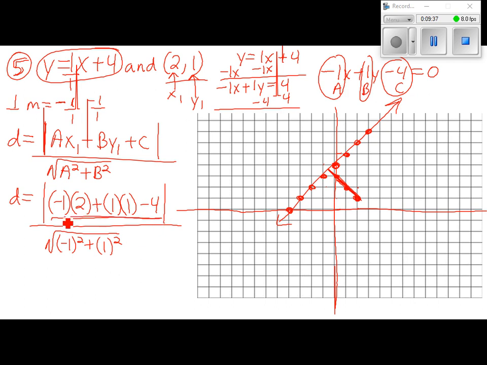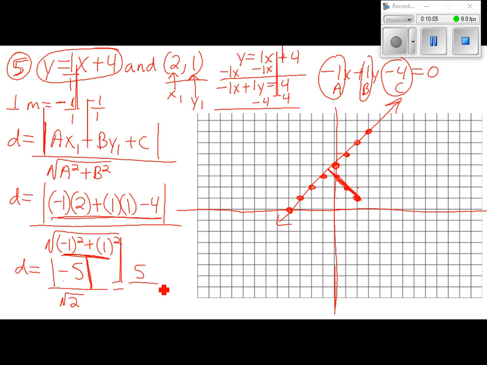Plug all of this into your calculator, and when I plugged it all in, I still had the absolute value, and I came up with negative 5 on the top. On the bottom, I ended up with the square root of 2. The absolute value of negative 5 is just 5.